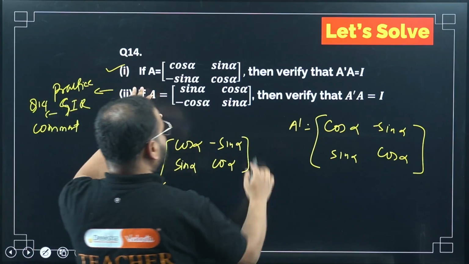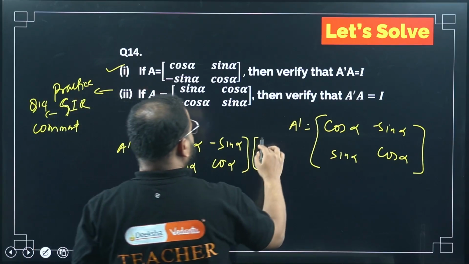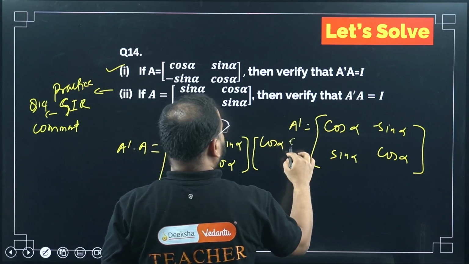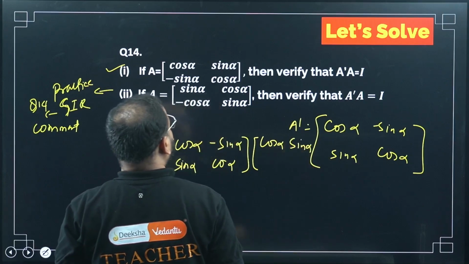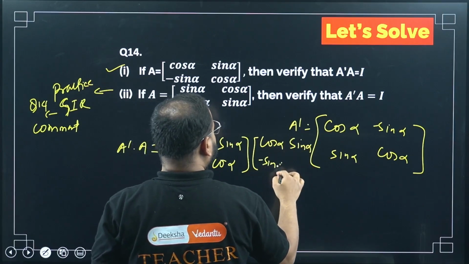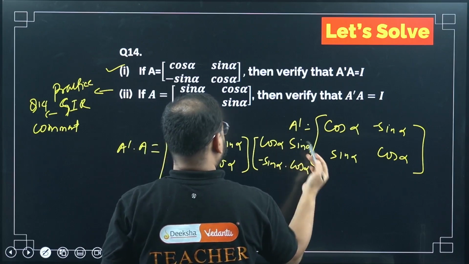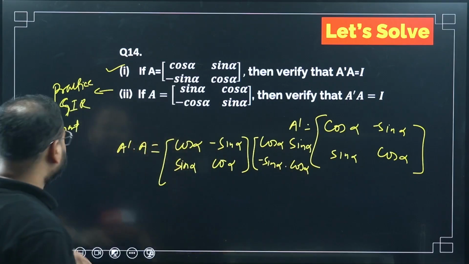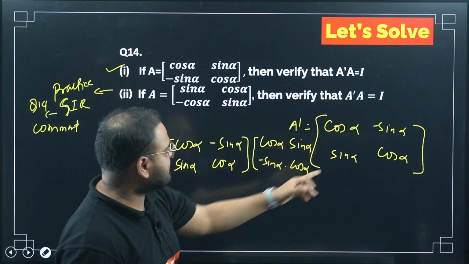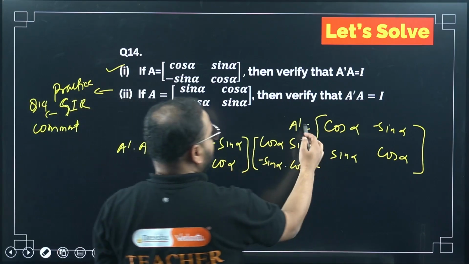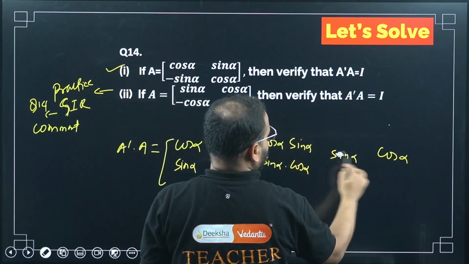What is A? I'll write it again here for the multiplication. So cos alpha, sin alpha, minus sin alpha, and cos alpha. This is A transpose, same thing written here: cos, minus sin, sin, cos. I'm erasing this part. I don't need this.